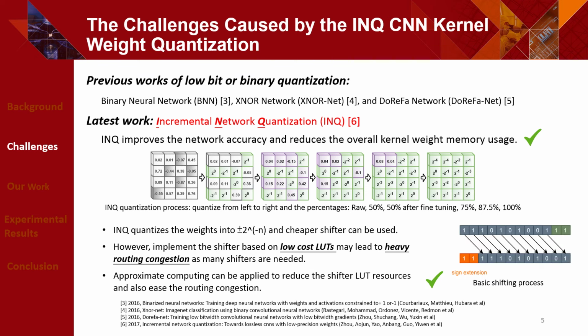When INQ quantizes the weights into 2 to the negative power, a cheaper shifter can be used. However, when the shifter is implemented with lookup tables, it may lead to heavy routing congestion, as it will require a lot of shifters. So this also needs to be addressed.